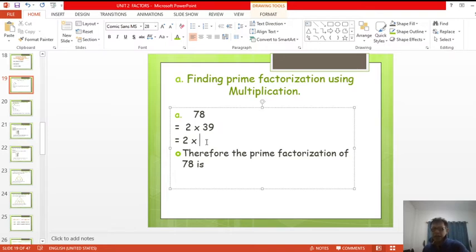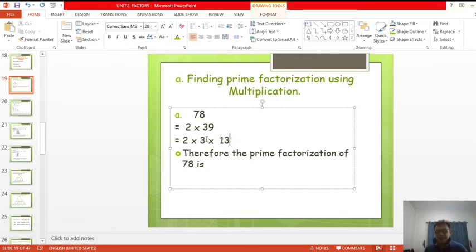So the next prime number you can use is 3. What will be the pair of 3? There it comes out, number 13. So 3 times 13 is 39, right? If you don't believe me, you go and multiply yourself.